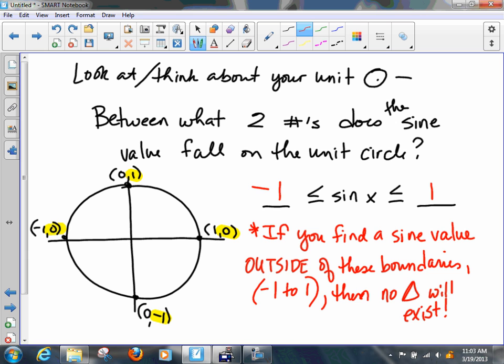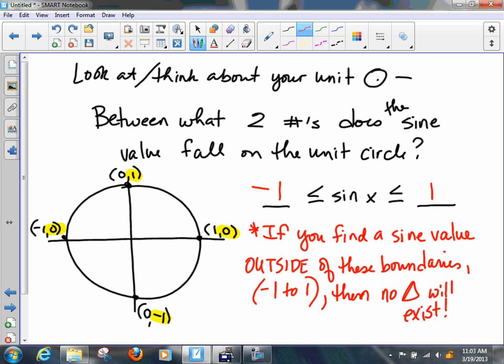But if you have a sine value, sine of an angle, that is outside of that negative 1 to 1 boundary, then all I have to do, I can stop working and write, no triangle exists. Now, how many of those problems do we want to see? On a quiz of 10, 9. I'll give you 9. Just give me 9 of them.